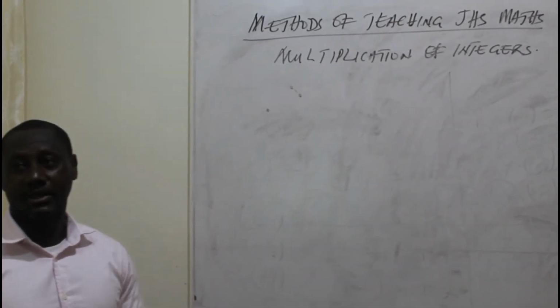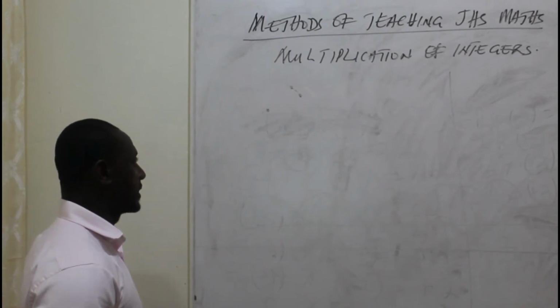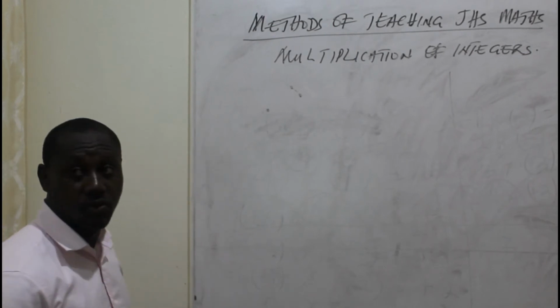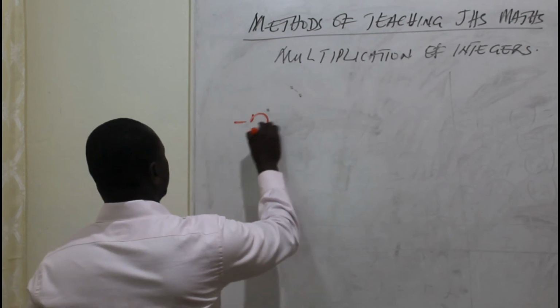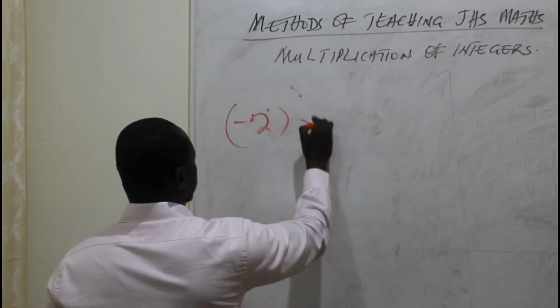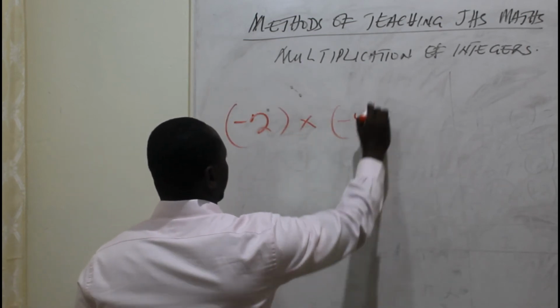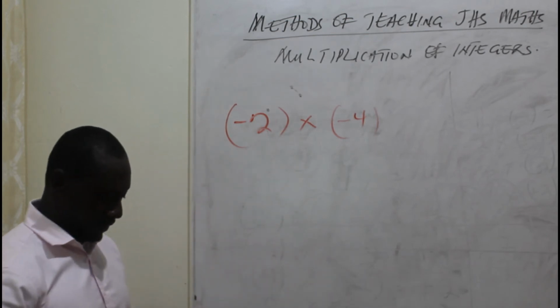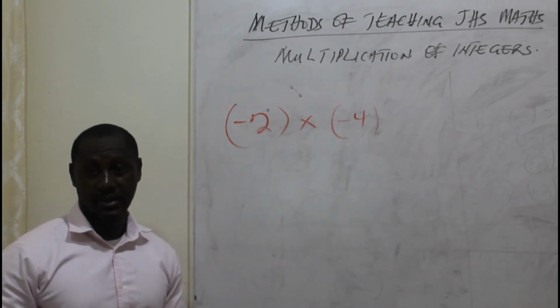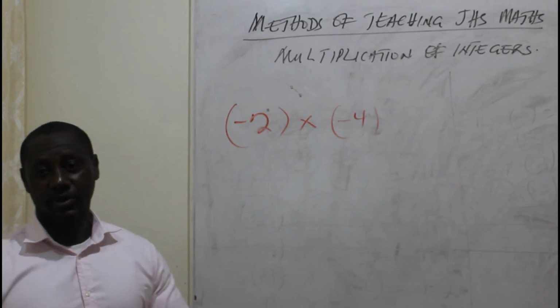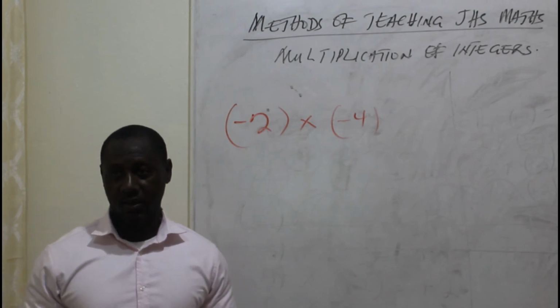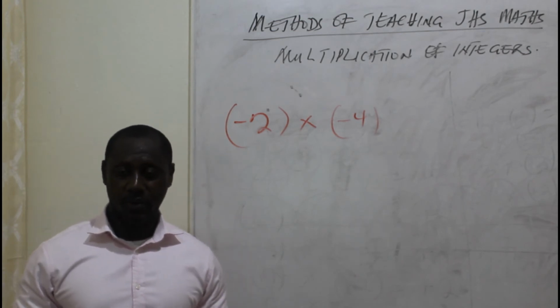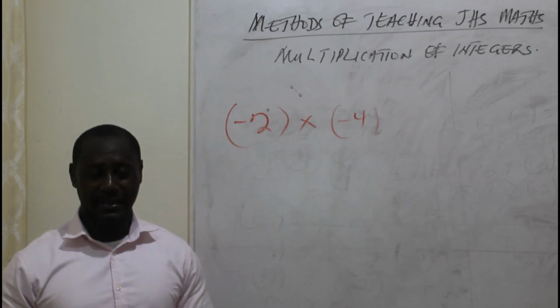So let's look at something. Let's take, for instance, I want to find the answer to negative 2 multiplied by negative 4. This one I cannot easily model on the number line. Okay? So at that level, you can introduce them to this particular pattern.